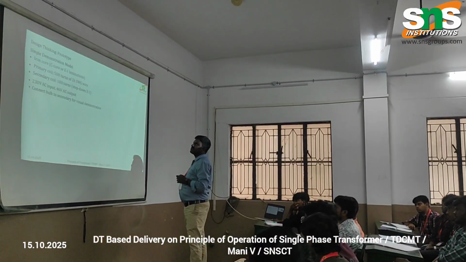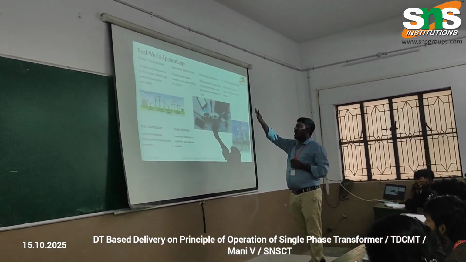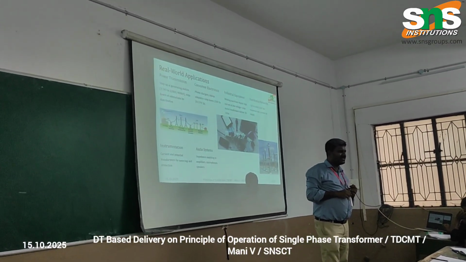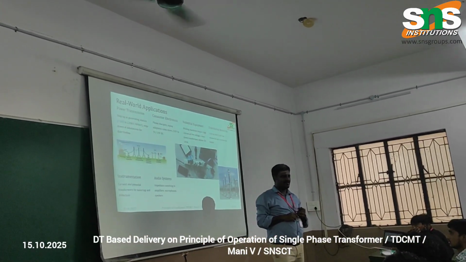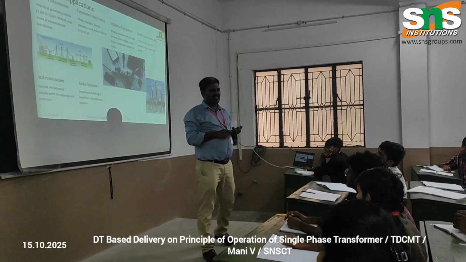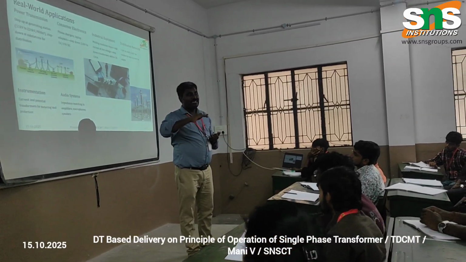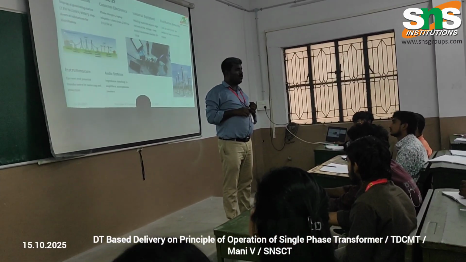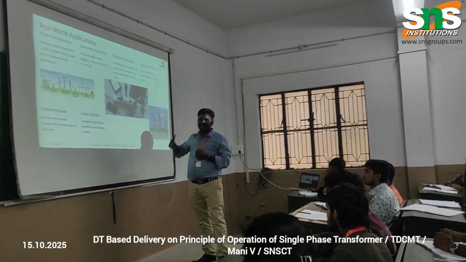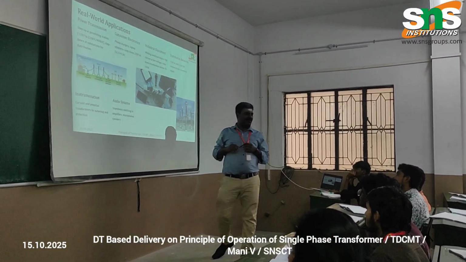Okay, correct. And these are the real-time applications where we are using the transformer. In the generating station, it is to step up the voltage for long range transmission, and for industrial equipment and commercial electronics.